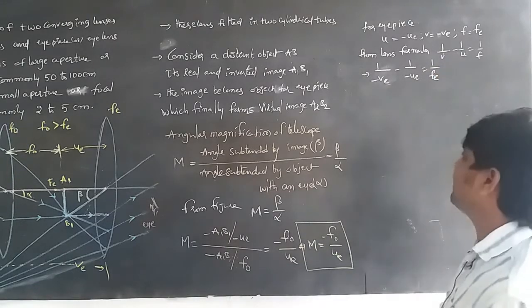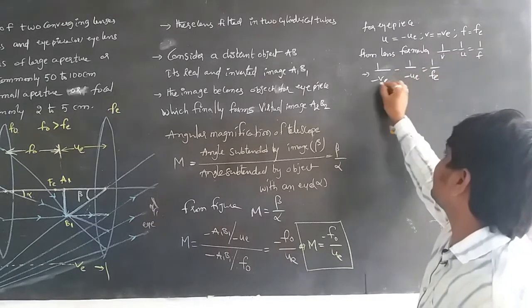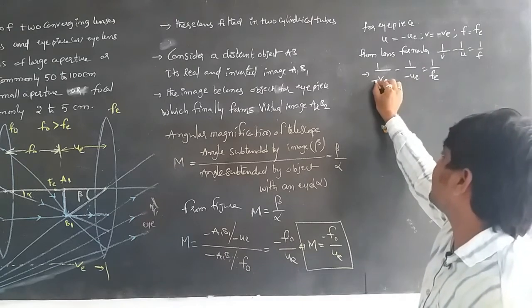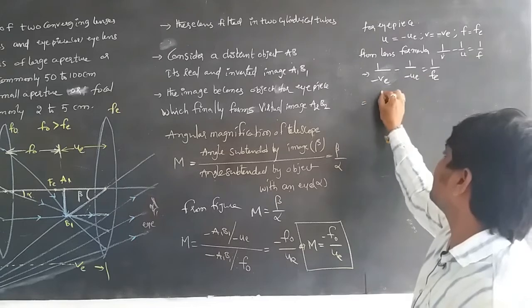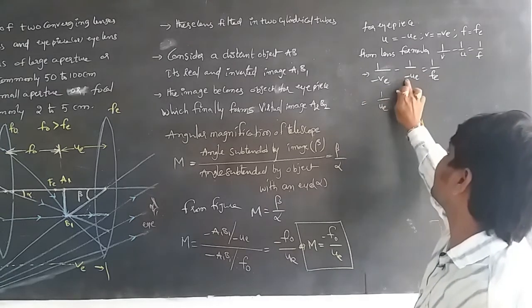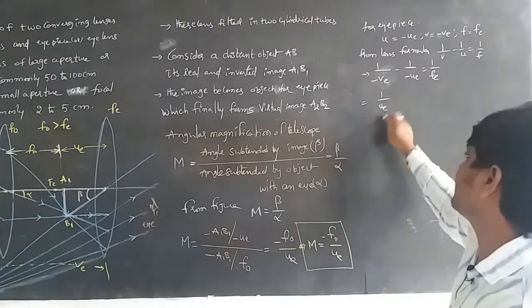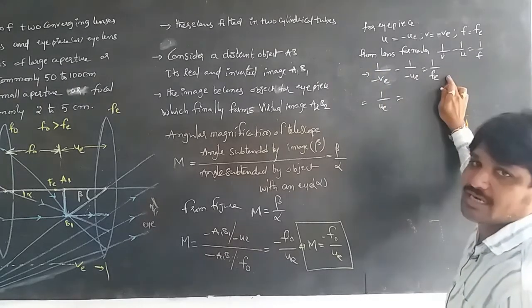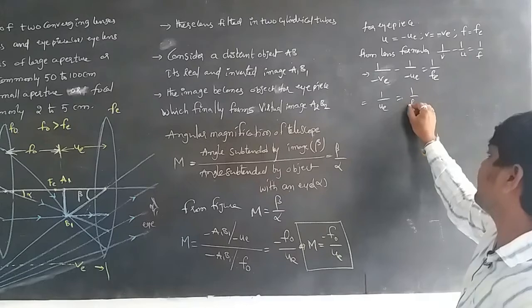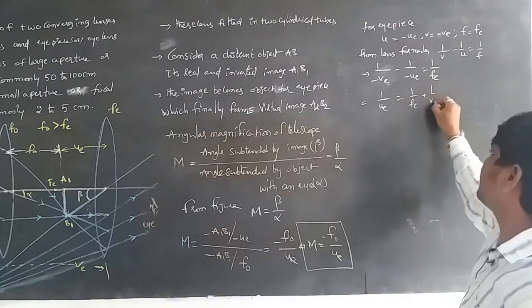Then minus into minus becomes plus, so plus 1 by ue is equal to minus 1 by ve taken to this side, then it becomes plus 1 by fe plus 1 by ve.